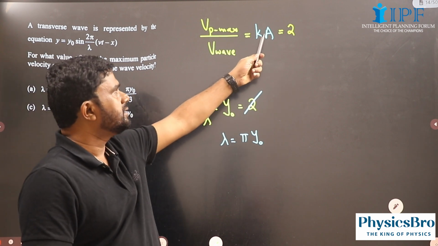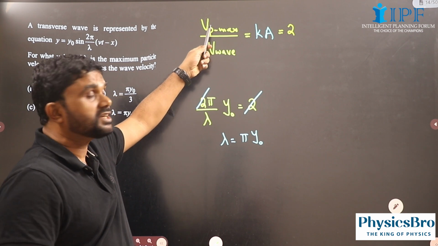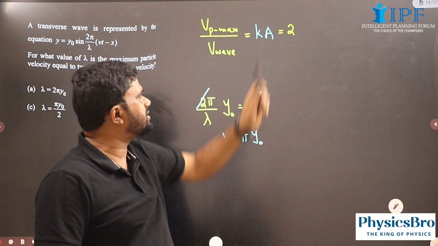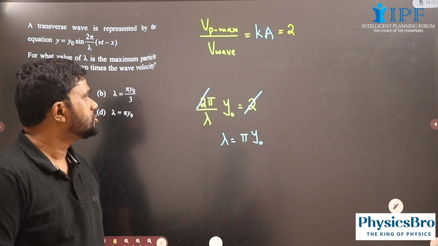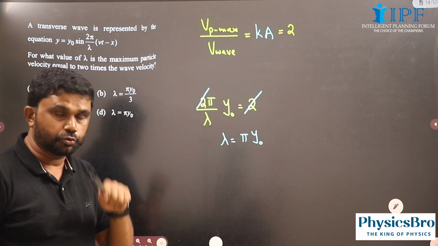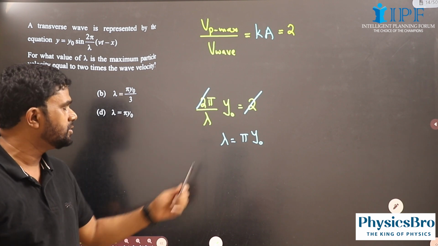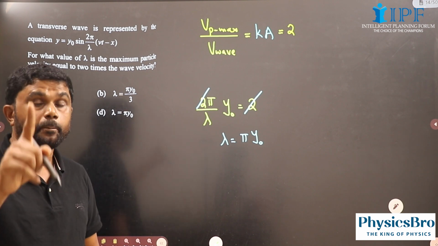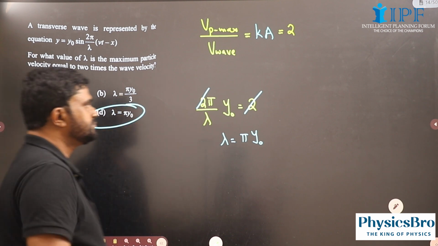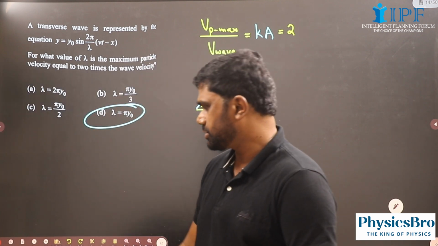Maximum particle velocity is twice the wave velocity, so V P max by V wave is equal to 2. So 2 pi divided by lambda, times amplitude y0, is equal to 2. The 2 on both sides can be cancelled, so we will get lambda equal to pi y0. This must be the correct option, right?